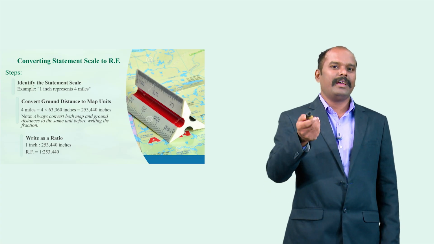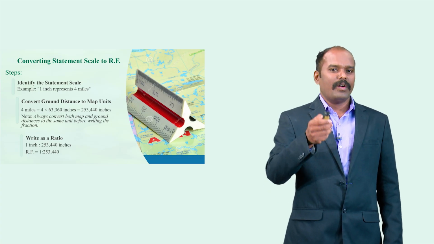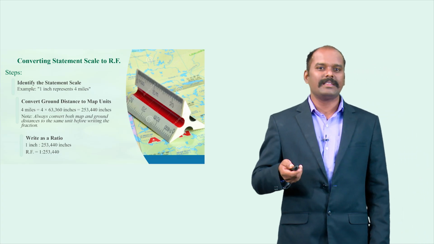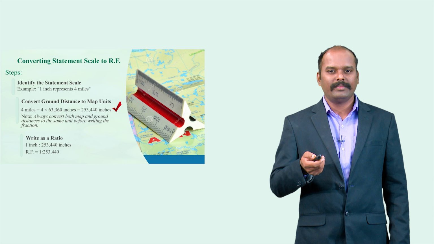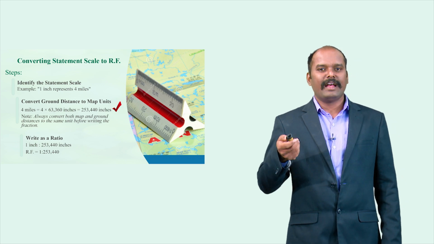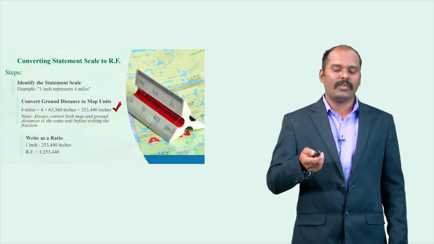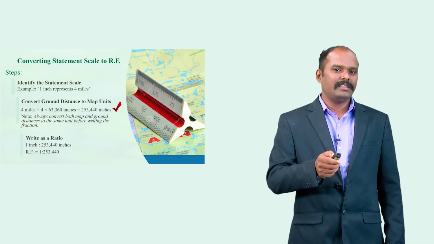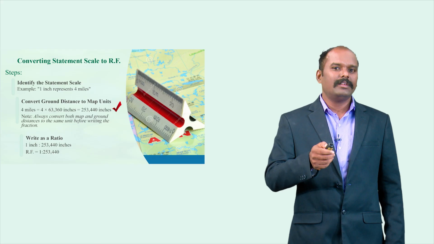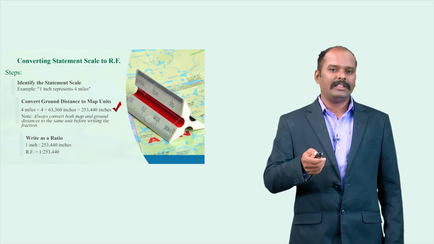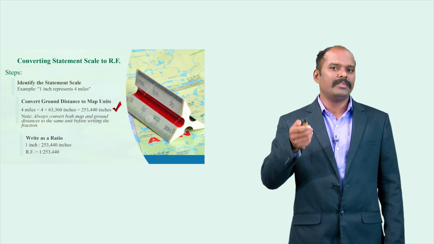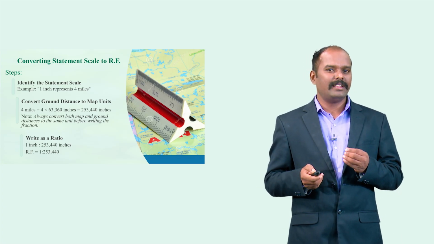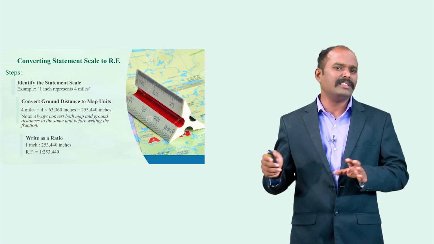Here, for 4 miles, if 1 mile is equal to 63,360 inches, you multiply by 4 and you get 2,53,440 inches. So, 1 inch is equal to 2,53,440 inches. Here what did we do? We simply converted the values in miles into inches.